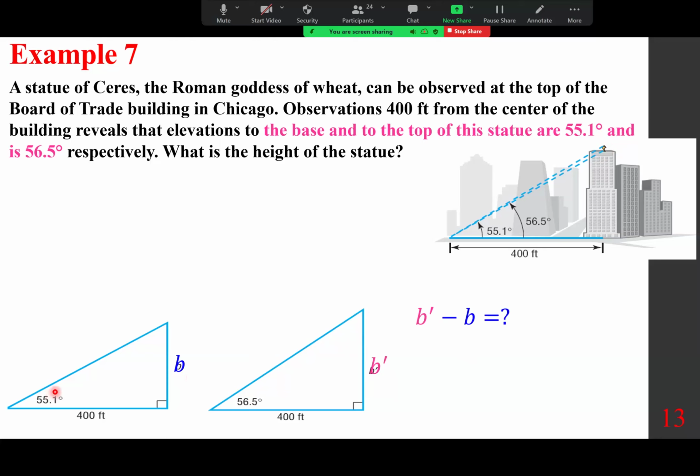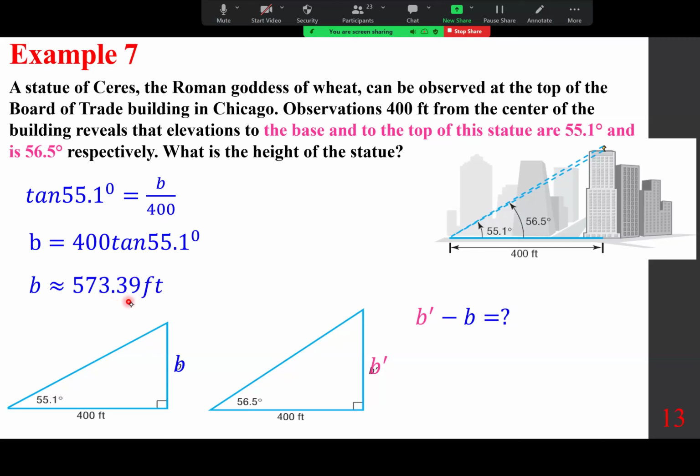So each one, we can use a tangent on that. Tan of 55.1 degrees is B over 400. So B is the product of these two. Using a calculator, we get 573.39 feet. So from the bottom of the building to the top of the building, which means the bottom of the statue, is this much. Now for this one, tan of this angle is B prime over 400. And so B prime is the product of these two.